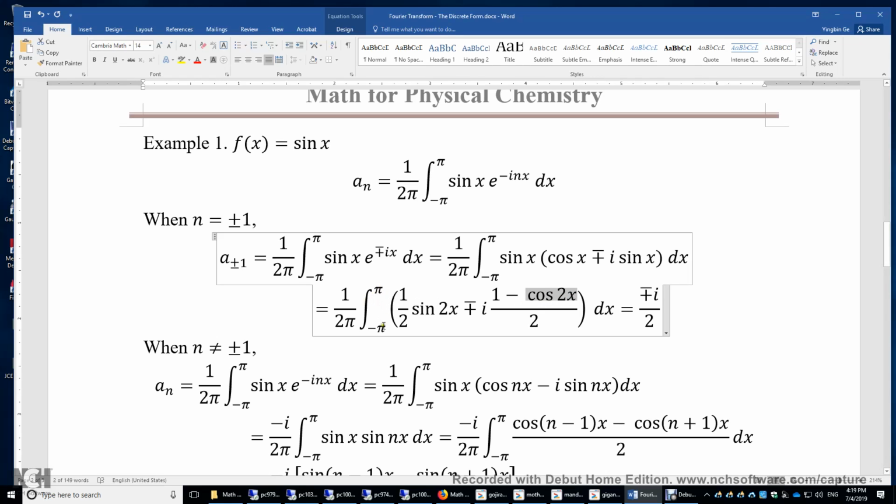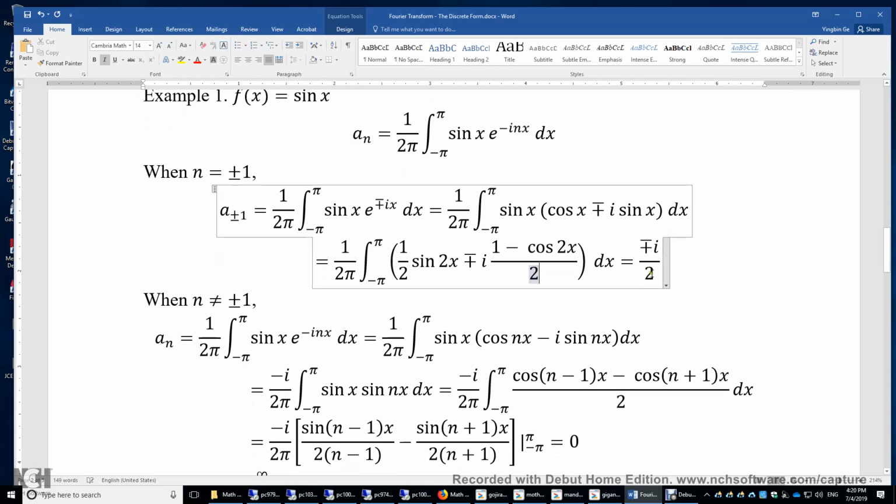Both sine 2 pi and sine -2 pi are 0. Therefore, we have only one non-zero term, which is minus or plus i times half from -pi to positive pi. Therefore, the value of this integral is minus or plus i times half times 2 pi. And then divided by 2 pi, we get the final value of a sub plus or minus 1, which is minus or plus i over 2.